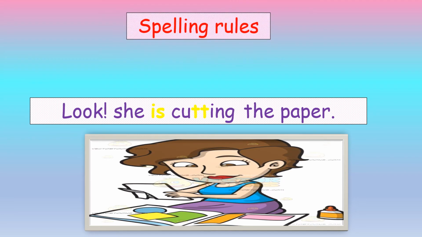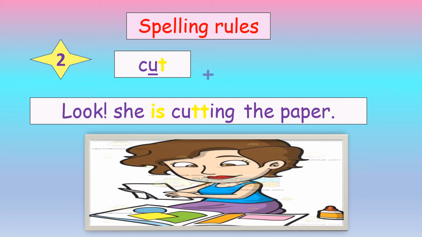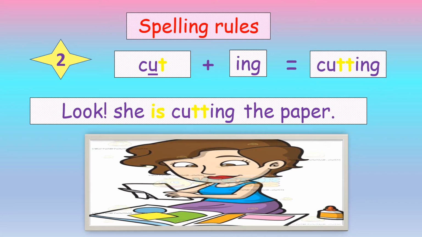Spelling rule number two, if the verb ends with a consonant sound and the consonant sound is preceded by a vowel sound, we double the last letter and then we add the ing, so it becomes cutting.